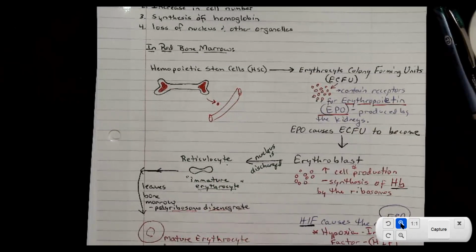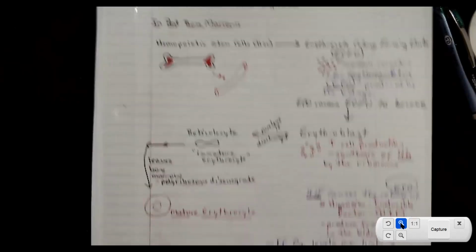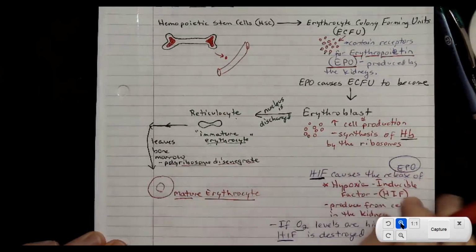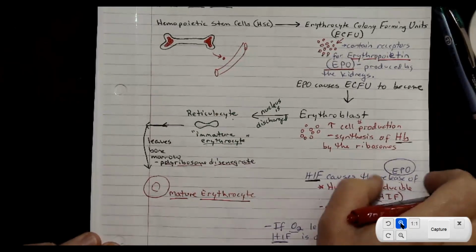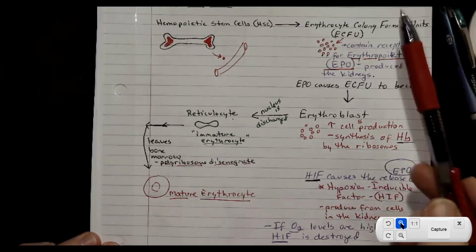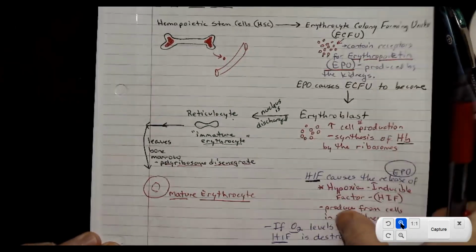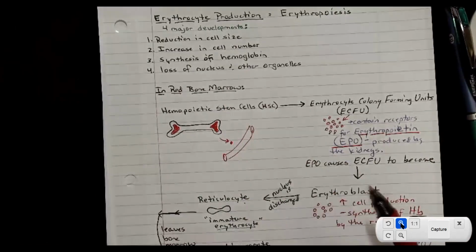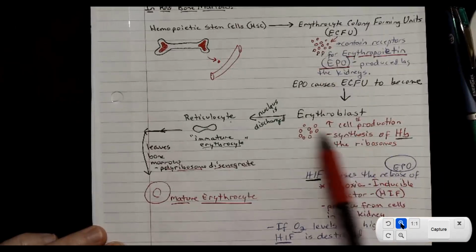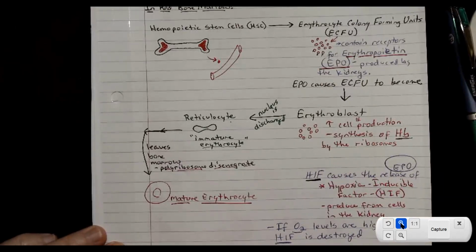And now it's referred to as a mature erythrocyte. Okay, so once it leaves the bone and gets into the circulatory system, now it's mature. So if I were to ask you this on the SOE question, please describe the production of a red blood cell, then you would tell me the 4 main parts of what's going on, and then the details with each stage that's going on to finally get to mature erythrocyte.